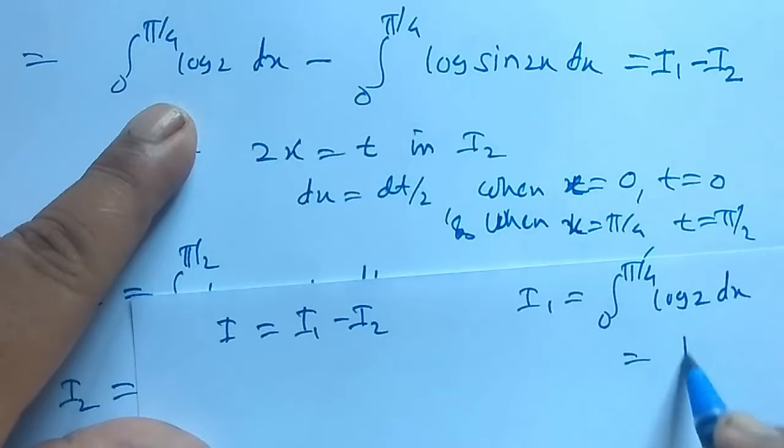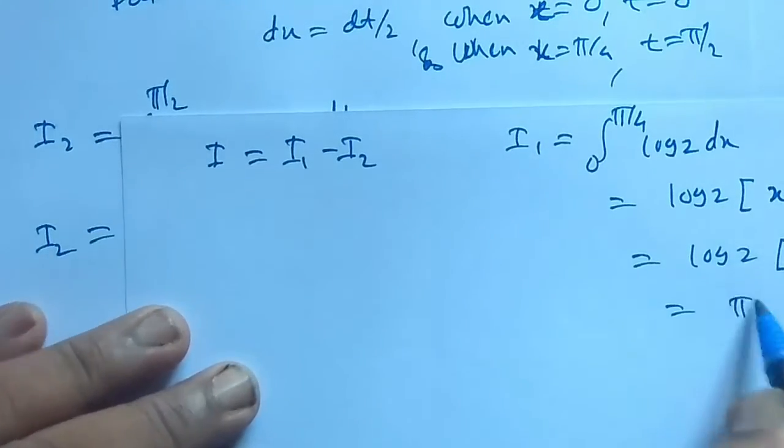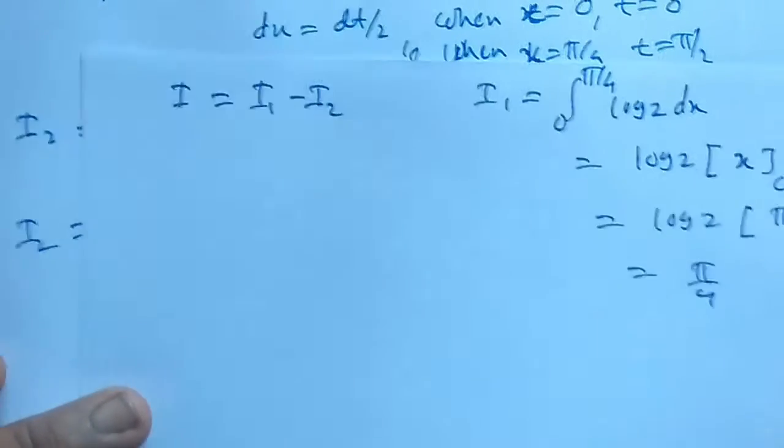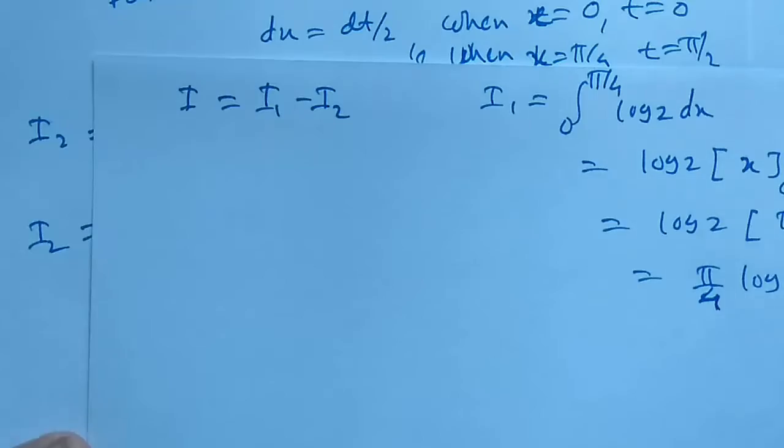It is equal to log of 2 times x from 0 to pi by 4. So it is log of 2 bracket pi by 4 minus 0. So it is pi by 4 into log of 2.